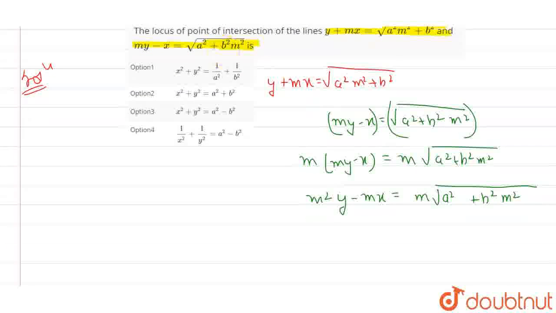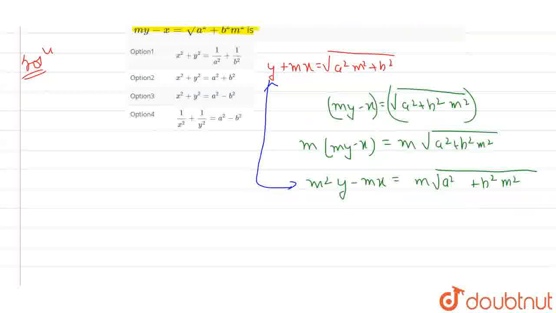So now I'll have two equations, this one and this one, right? I'll just add these two equations.